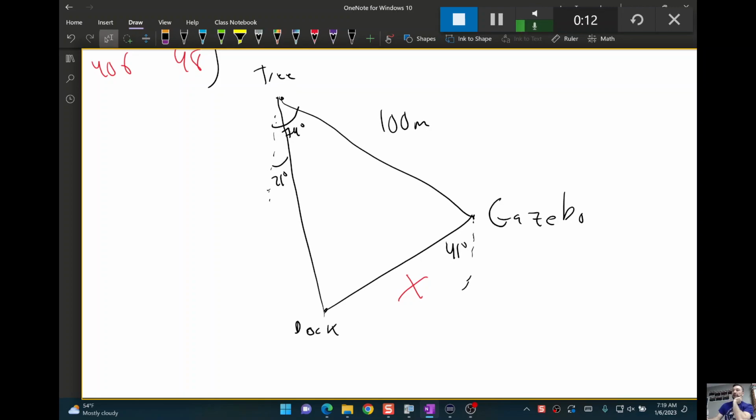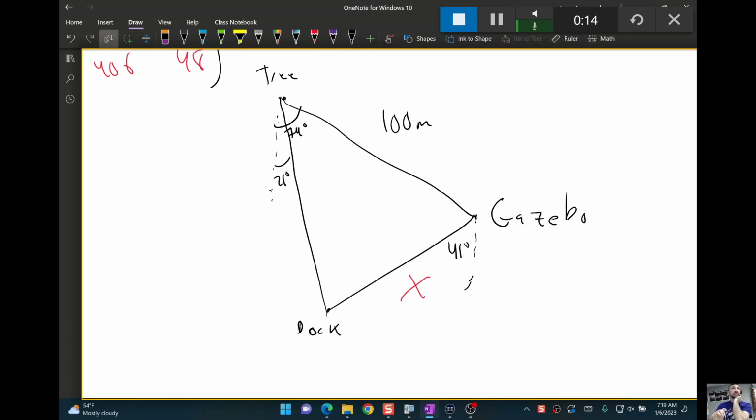I have a little bit of a hint that law of sines is probably going to help because that's what's new in this section. If I'm trying to find this side length with law of sines, I need to pair it up with the sine of its opposite angle. So if this whole thing is 74 and this much of it is 28, then this much of it must be 74 minus 28.